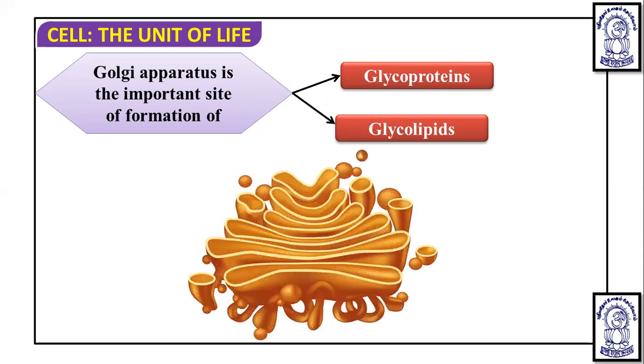And this is the Golgi apparatus structure. Okay. So now if we talk about Golgi apparatus in more detail, we come to know that this Golgi body is also named as, number 1, lipochondria.